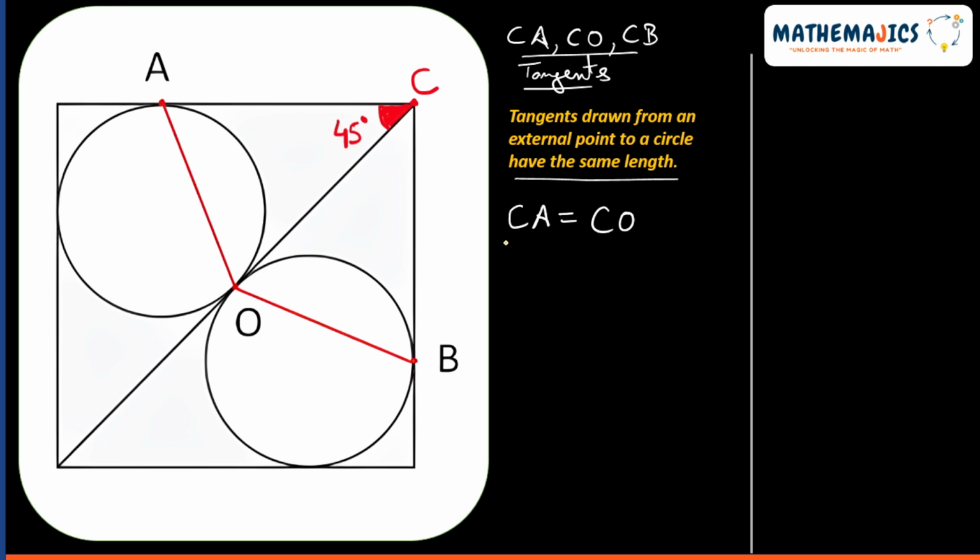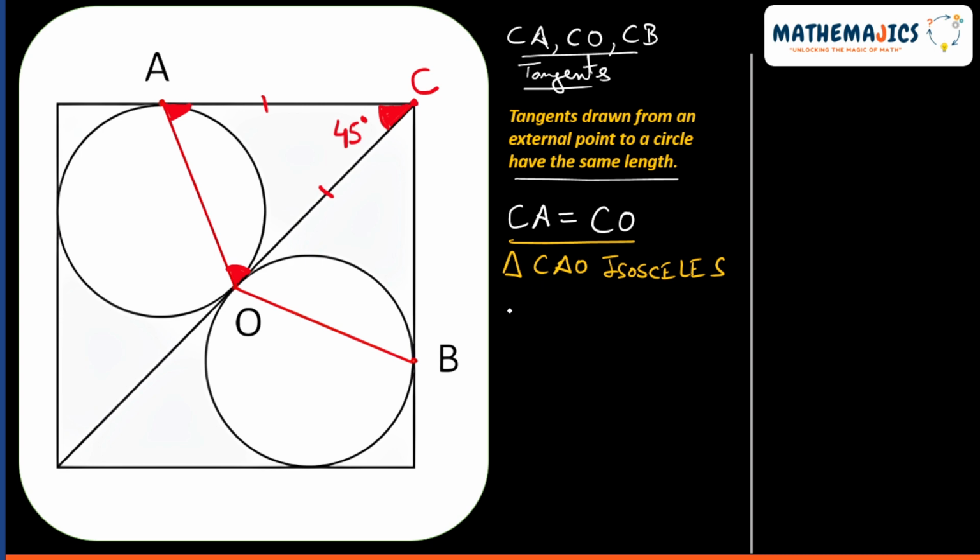Now, if these two are equal in length, triangle CAO will be isosceles. Correct? Because these two are equal in length. That means the angles opposite to them, that means angle OAC and angle AOC will be equal to each other. Correct? Now, what is the sum of three angles in a triangle?